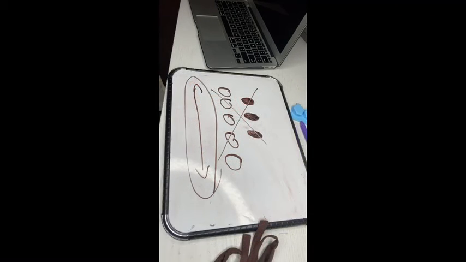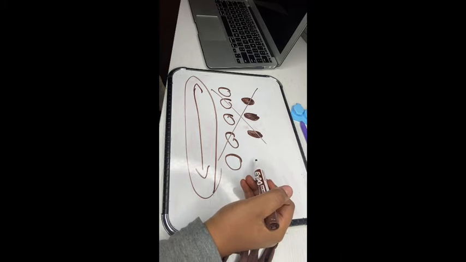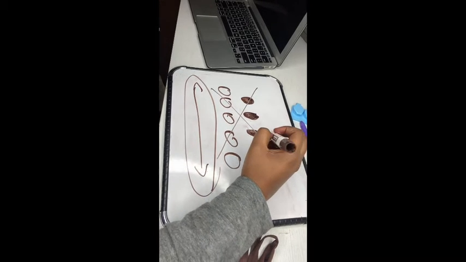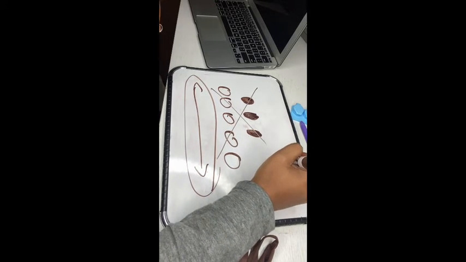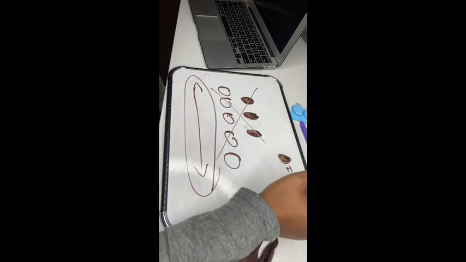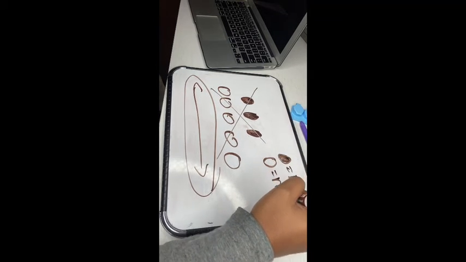When you are first introducing representation, it is better to do it with number lines than with colored counters. Because our closed circles are our positive and our open circles are our negative.